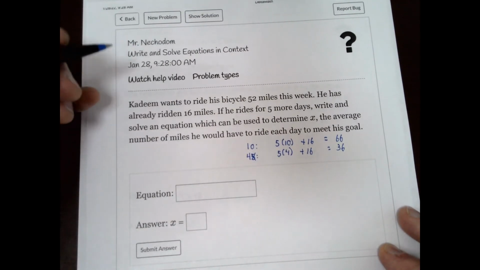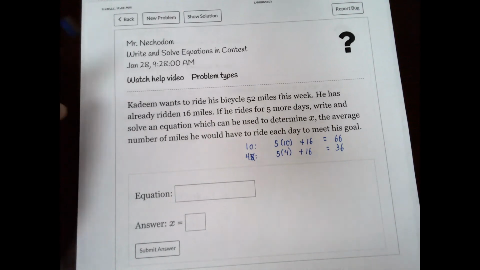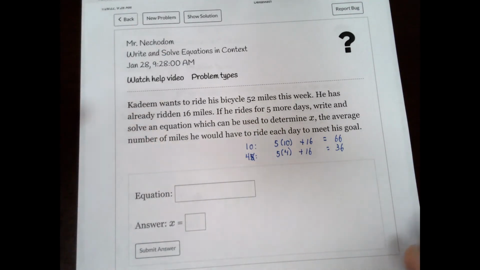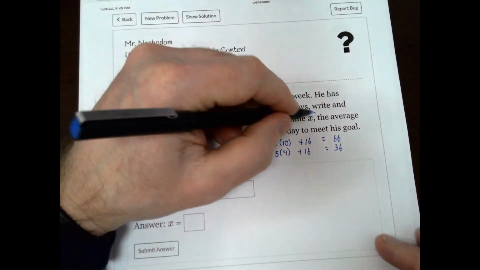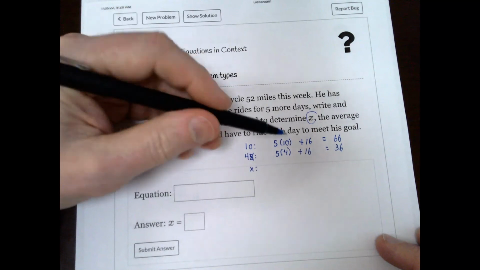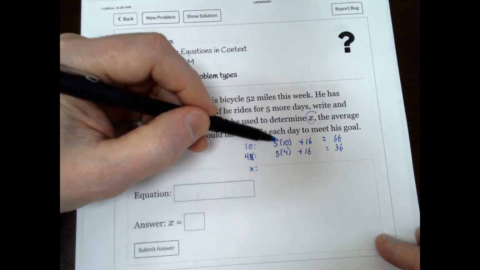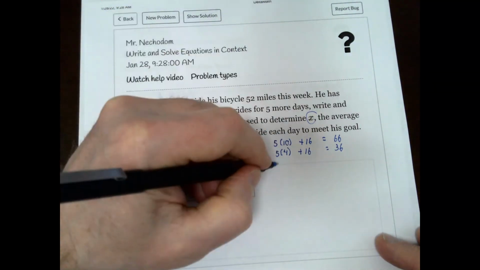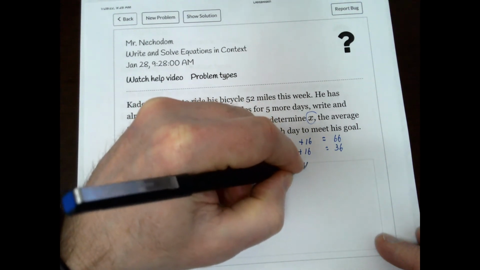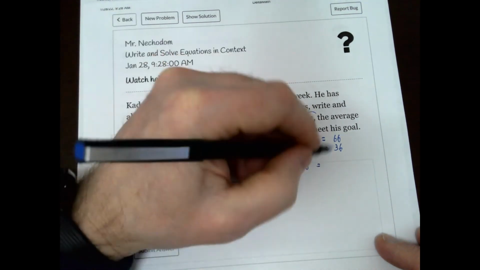So what I'm going to do now is, instead of guessing another number between 4 and 10, just use the x that they said instead. The only thing that's going to be different is that instead of multiplying 5 by 10 or 5 by 4, we'll multiply 5 by x. We'll still add 16, and we hope to get to 52.